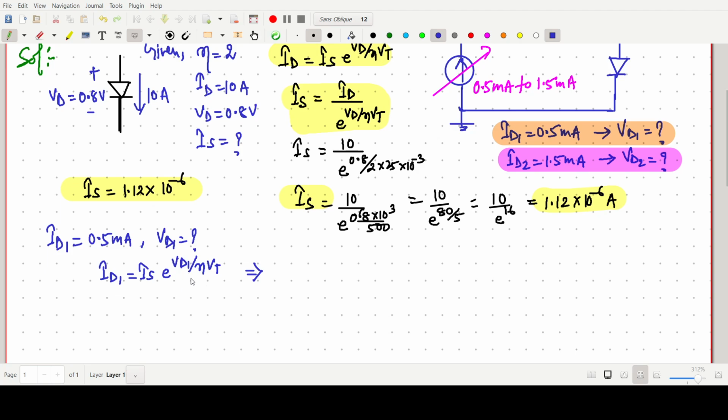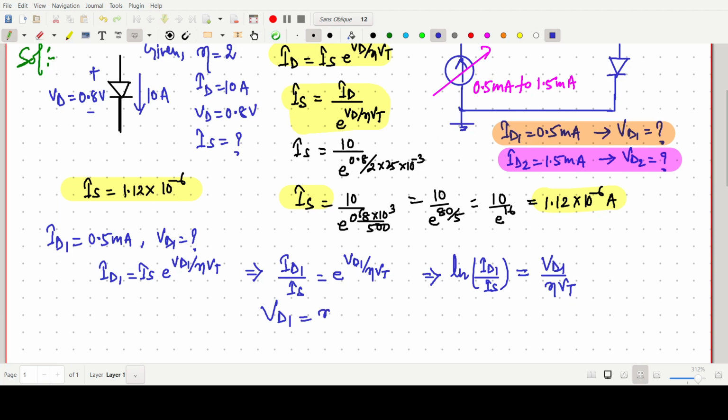From this equation we can easily find the value of Vd1. If we take natural logarithm on both sides, so taking ln both sides, it should be Vd1 by eta Vt. So we can say Vd1 will be eta Vt times.